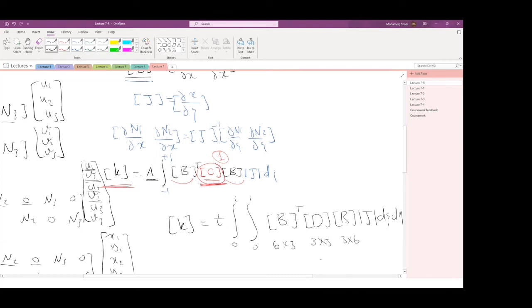So the result is going to look like a 6x6 matrix, because you start with 6 rows, you end with 6 columns. So the resulting stiffness matrix is going to be 6x6, and every single component of that will need to be integrated between 0, 1, 0, 1 for xi and for eta.